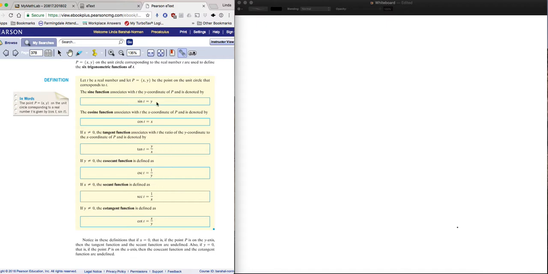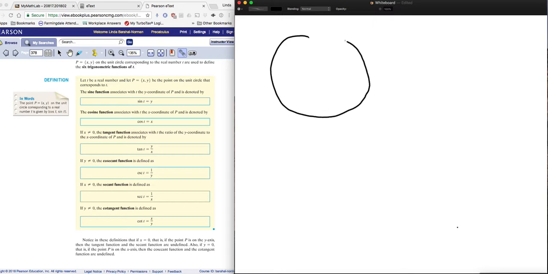Now, when we move on to the unit circle, at this point, I think I can make a useful diagram here. Remember, this is a circle of radius 1. I have my point here, which is coming from that line that gets wrapped around onto the circle.